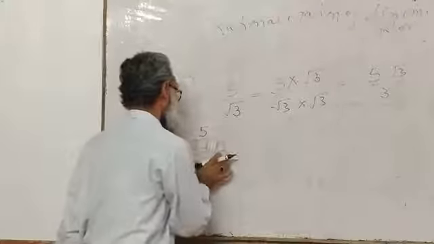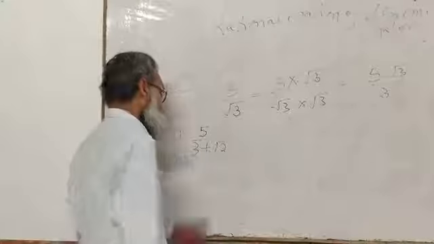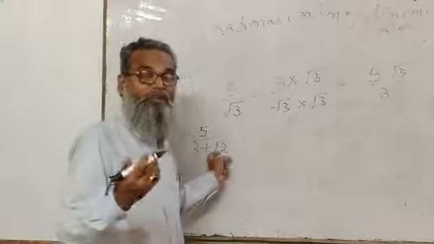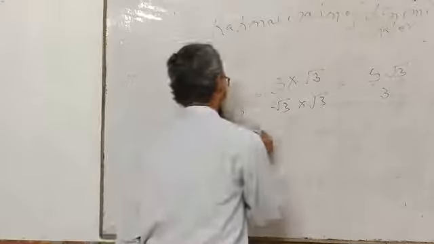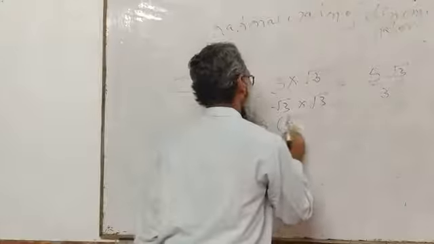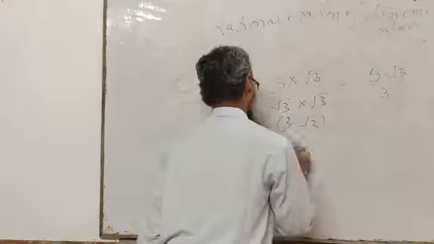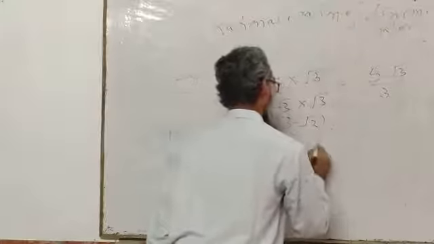If you are getting the denominator in this form, you will multiply both numerator and denominator by 3 minus root 2. So it is 5 times (3 minus root 2) upon (3 plus root 2) multiplied by (3 minus root 2).